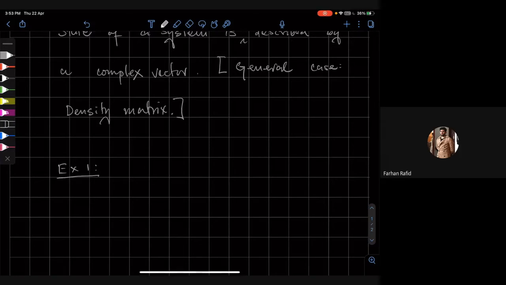Suppose we have a spin half particle and we want to describe its spin degree of freedom.